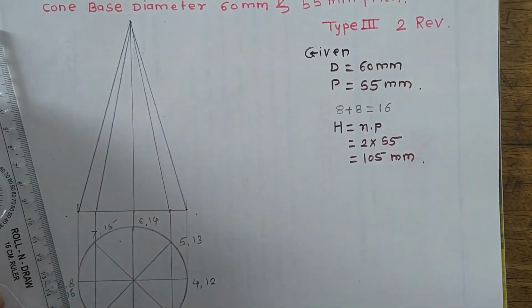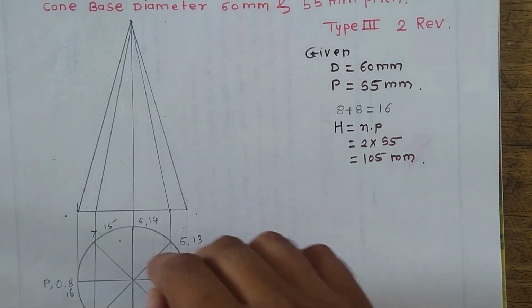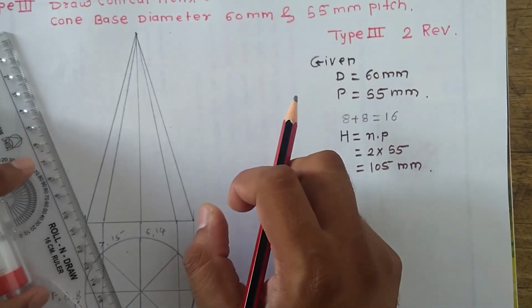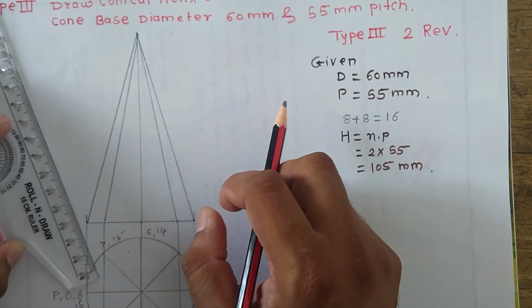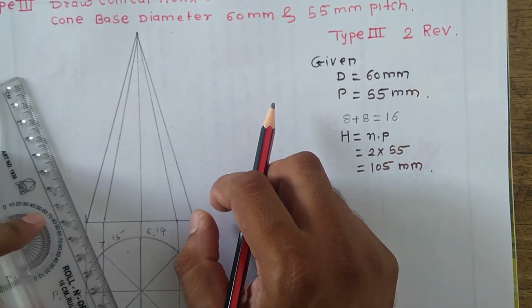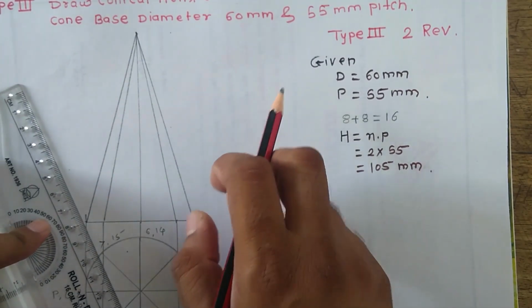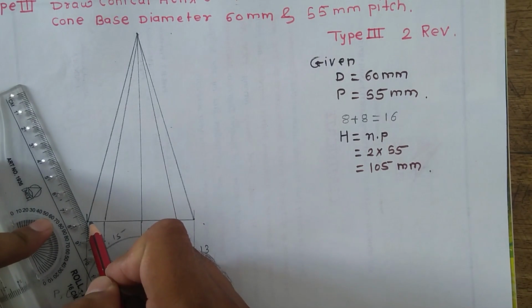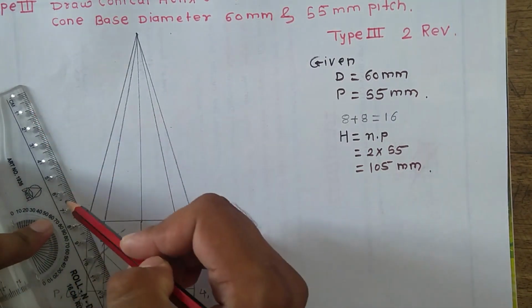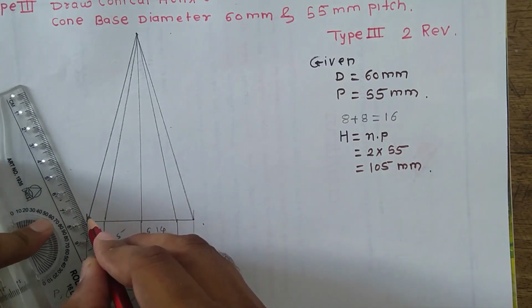So we have divided the circle into 16 parts, so we have to divide this slant height into 16 parts. For that purpose we have to take a dimension in the compass. So here I will take 80 mm in the compass, and then I will divide this into 5 mm, so I will get 16 parts here.